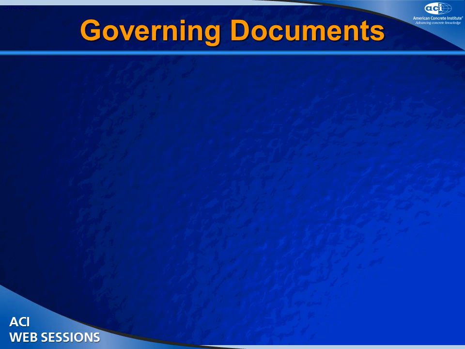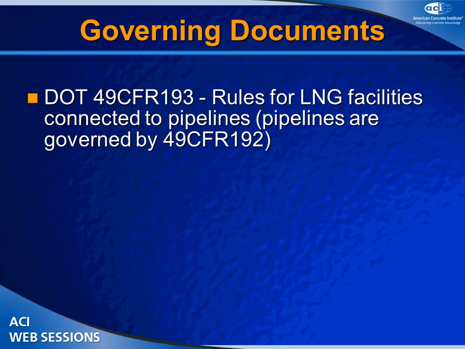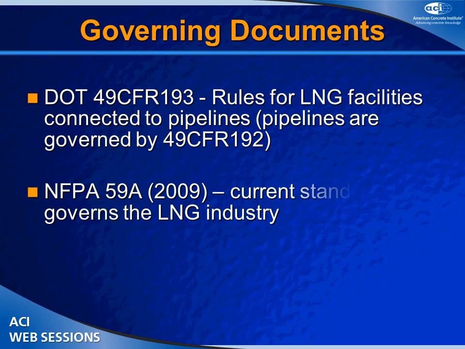And what's the regulatory situation? You have DOT, which has rules for LNG facilities. This is the provision that deals with pipelines, 192. 193 is the one for LNG facilities. And then there's NFPA, National Fire Protection Association, 59A, and it's the current standard which governs the LNG industry.